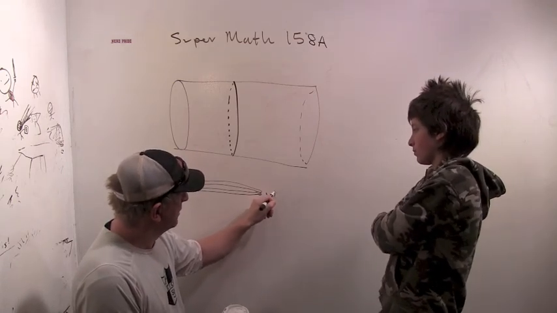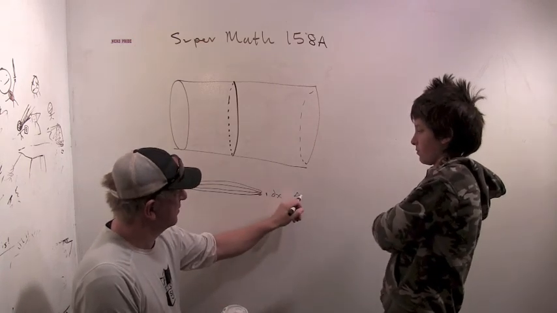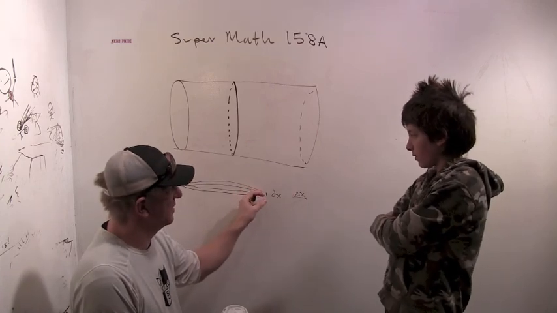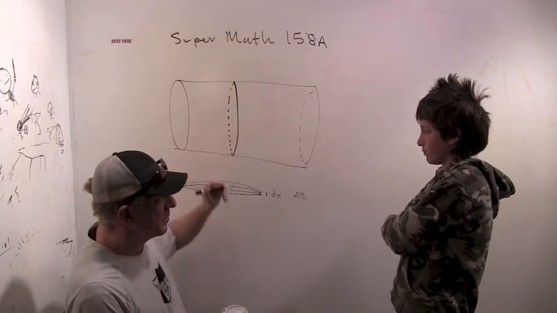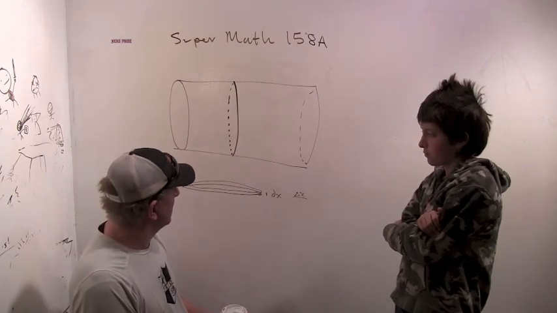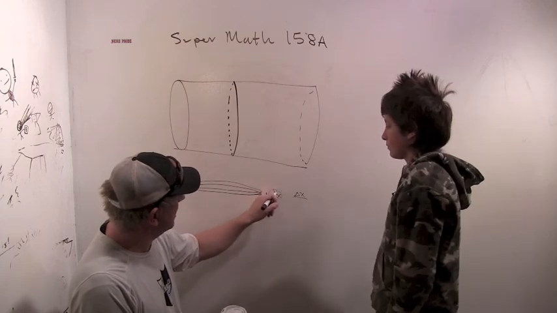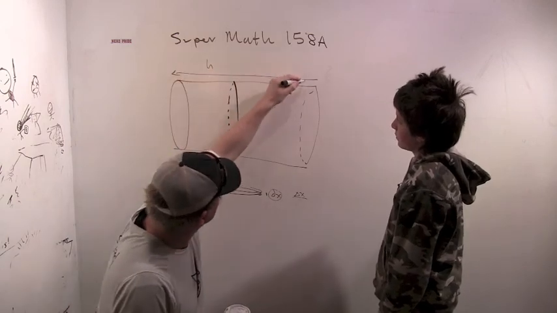This thickness they call the dx, short for delta x. Delta means change, so you have a small change in x, and then dx meant infinitely thin. Okay, so you stack these on top of each other, and all these small little heights end up adding up to whatever this big height is.